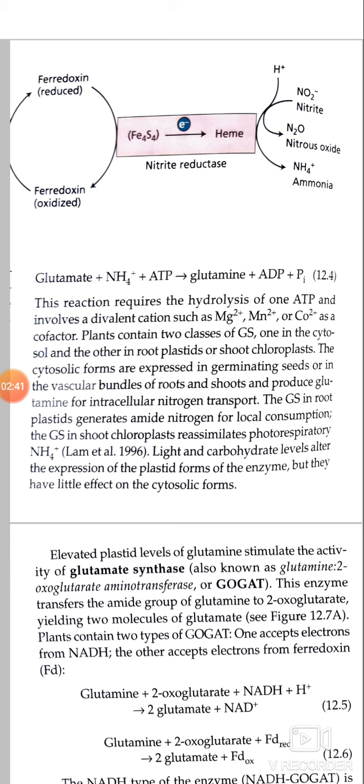Plants contain two classes of GS, glutamine synthetase enzyme, one in the cytosol and the other in root plastids or shoot chloroplasts.